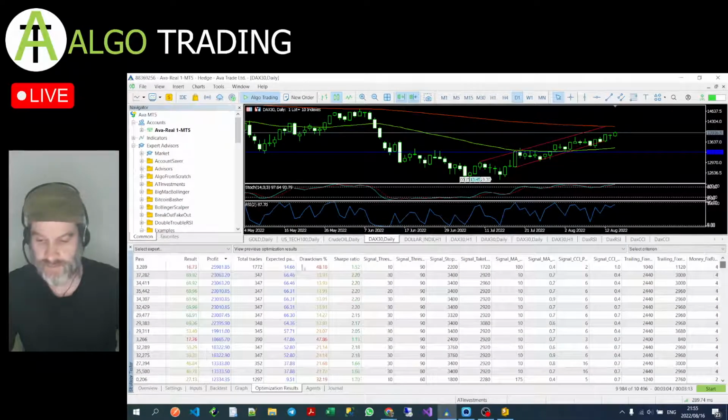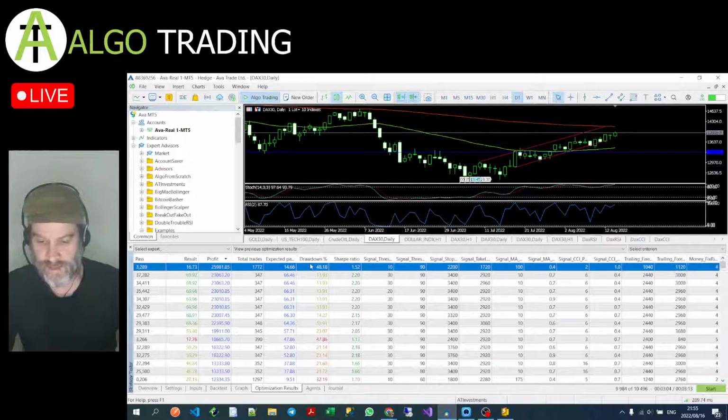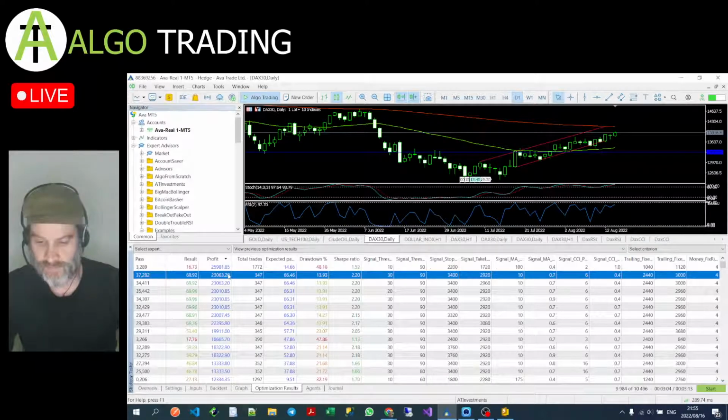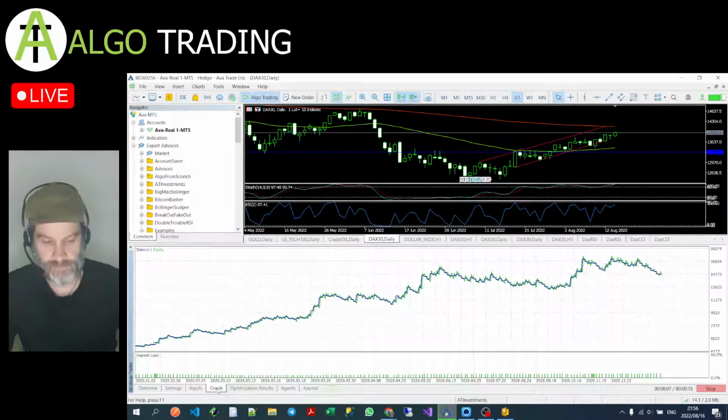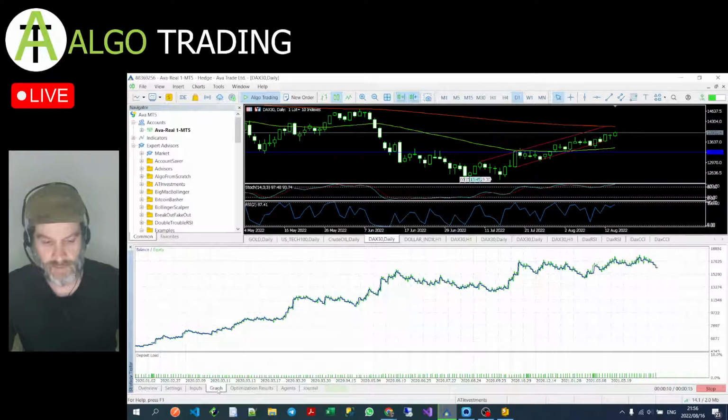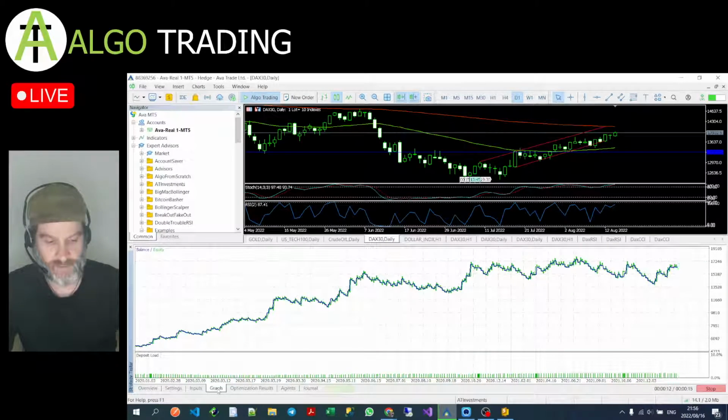You could put this one in if you want, but it's got a 48% drawdown. This one's alright. It's got a 13% drawdown, which is not bad. So let's run this and see why it's only scored 69. It's not terrible.